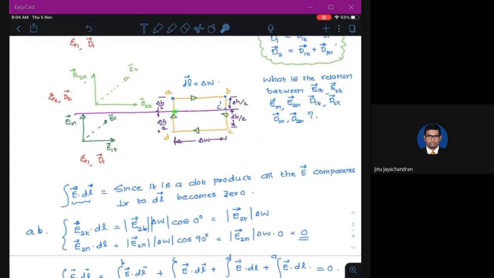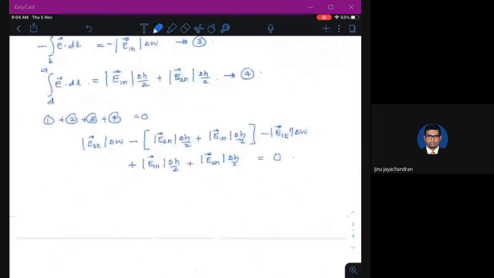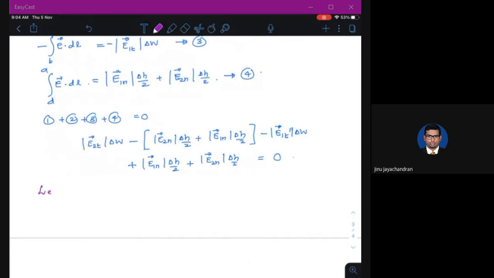Equivalent to the boundary means it is basically the boundary itself, and by doing that you will be able to find the electric field values. So what we are going to do is let delta h tend to 0, which implies the path will become the boundary.